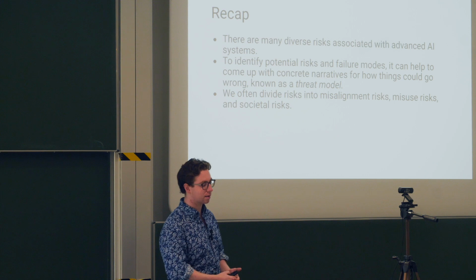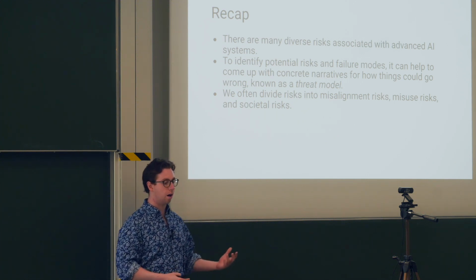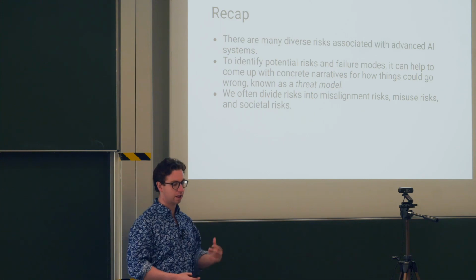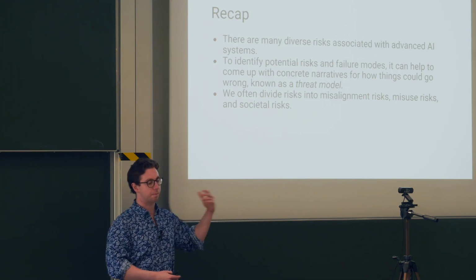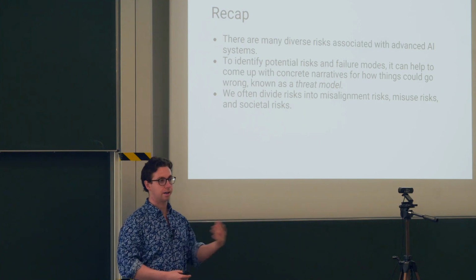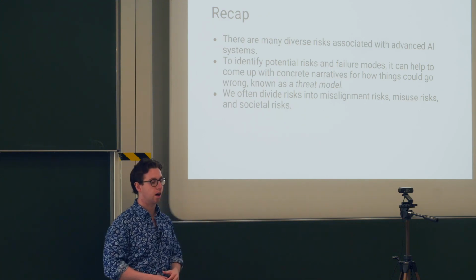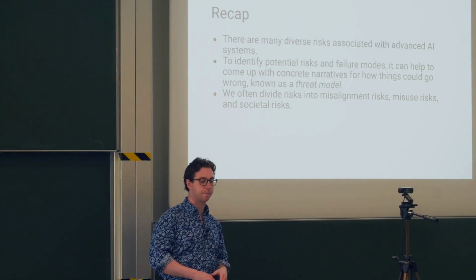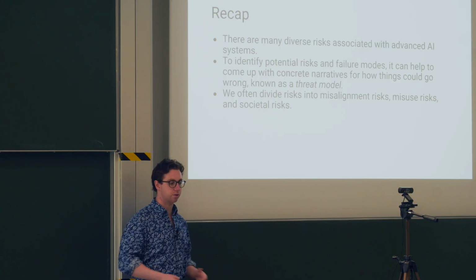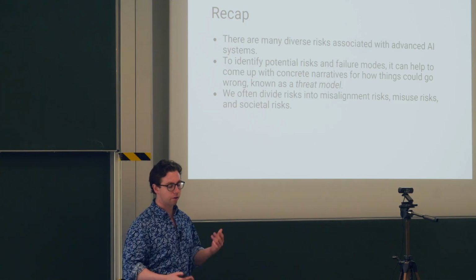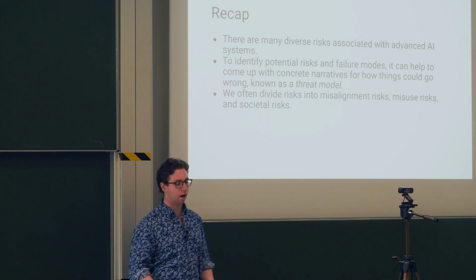Misalignment risks, or rogue AI scenarios, refer to scenarios where models are insufficiently aligned to the values and behaviors that we want them to have, and instead pursue their own goals at the expense of other people. And finally, societal, systemic, and structural risks refer to general risks that come about as a result of deployment of AI systems in society.